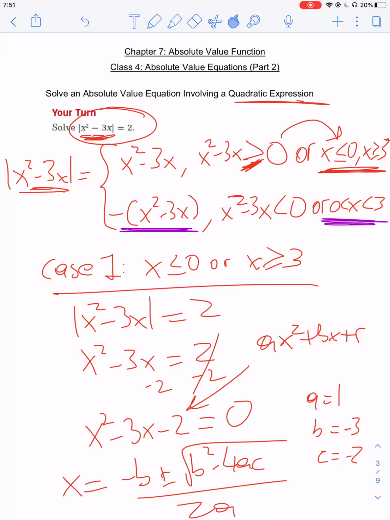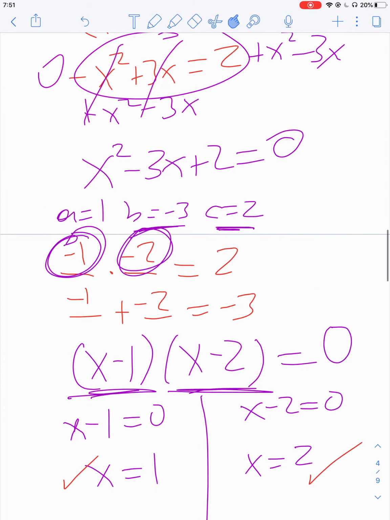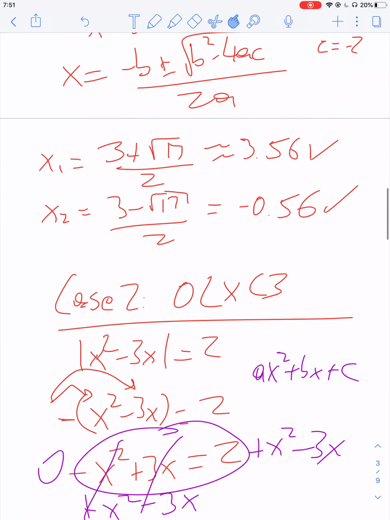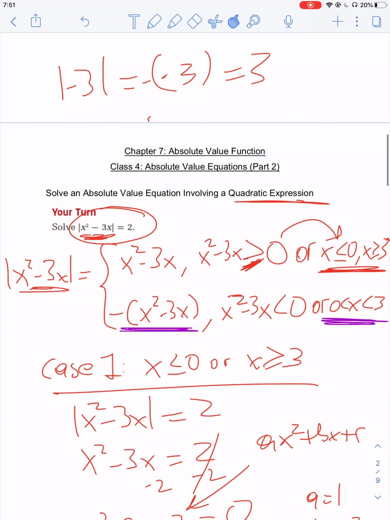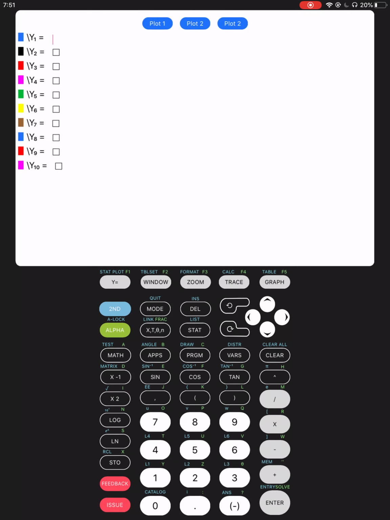What you could also do is convince yourself that there are 4 solutions. You could graph this. I think I'm going to do that, because I really need to observe that there are 4 solutions. So why don't we graph this? We have x squared minus 3x. Let's quickly graph this.